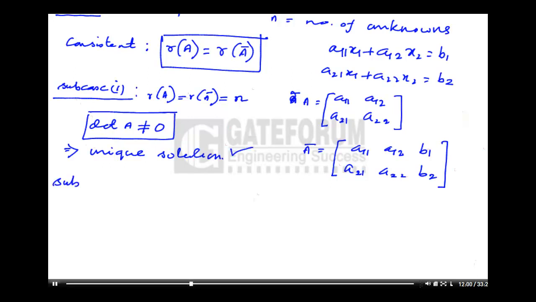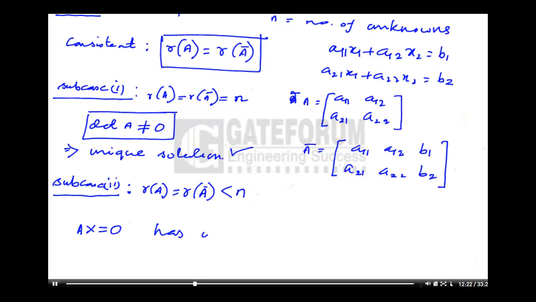And the subcase 2 is rank of A is rank of A bar, that is, the system is consistent but it is less than n. Then in this case, the associated underlying homogeneous system, that is Ax is equal to 0 when all Bi's are 0, has infinitely many solutions.